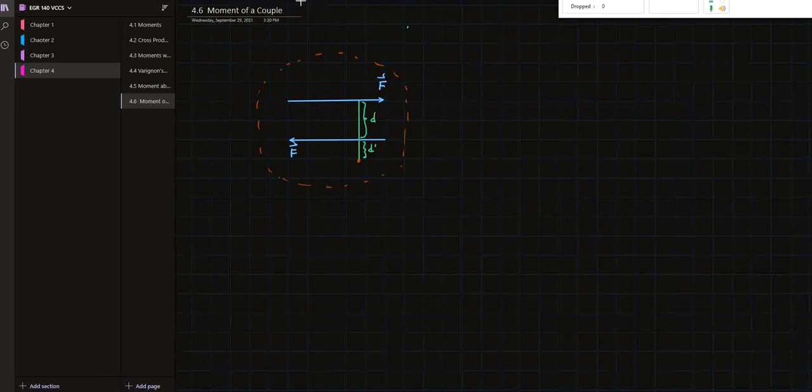Then if we want to figure out the moments about some point P, the moment about P, what does it equal? It equals the top force times d plus d prime, because these are both 90 degrees, and then minus, well, we got it backwards.